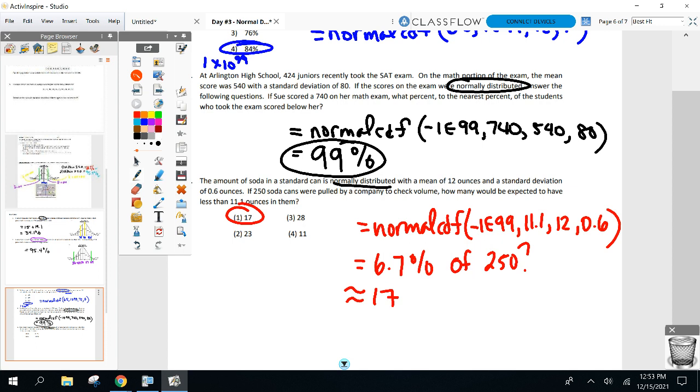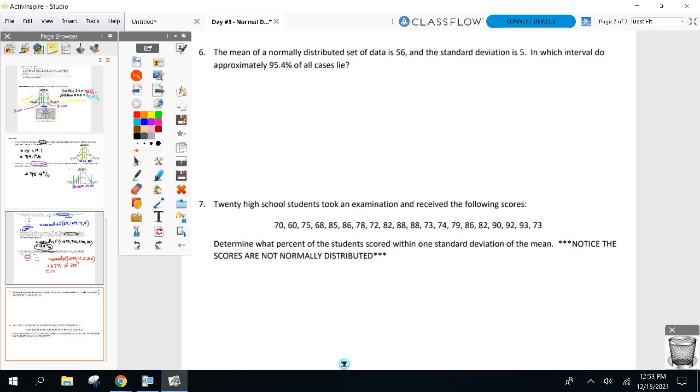Okay, I'm going to do one more with you. I'm not going to do that last one because I need you guys time to practice here. All right, your calculator is going to be worthless here, or normal CDF will be worthless. Normally distributed, the mean's 56, standard deviation of 5. Give me an interval of scores where 95.4% will fall.